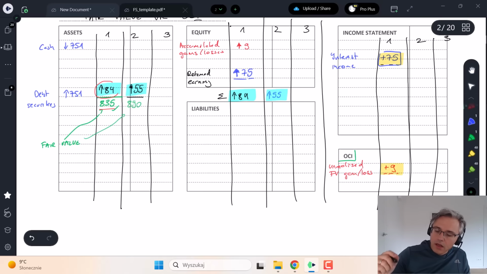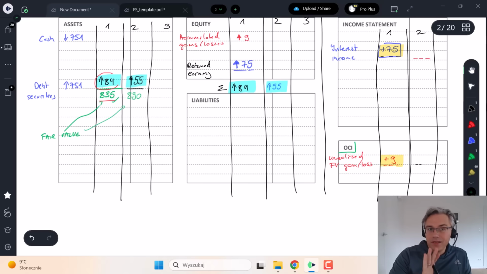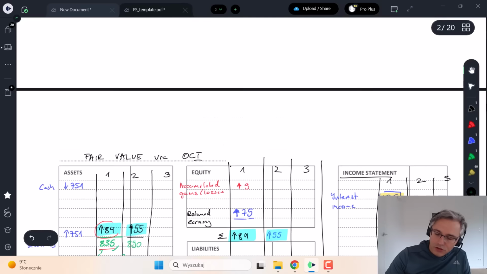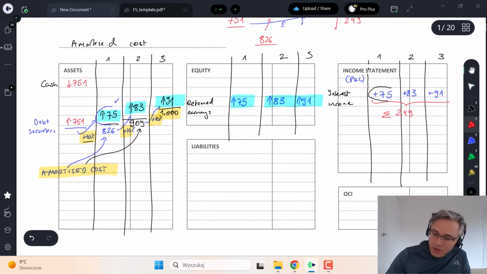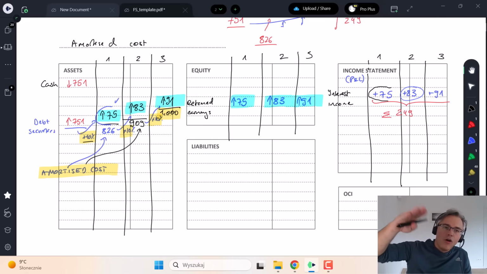However, what will pass via the P&L and what will pass via the OCI, other comprehensive income, is a different story. Interest income going to the income statement or the P&L is whatever you would show under the amortized cost approach, which is that 83 which we already computed on the amortized cost.